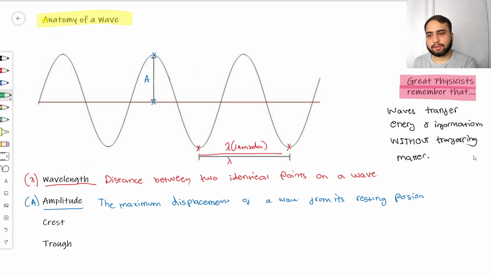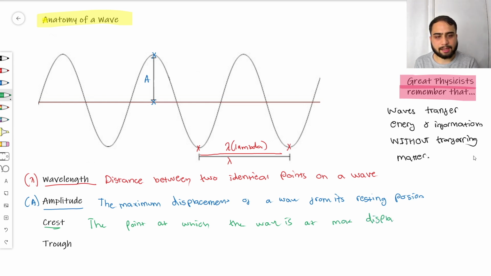Okay, so now we have our crest. What's our crest? So our crest is the point at which the wave is at max displacement. Now, you might be getting confused with, what's the difference between amplitude and crest though?